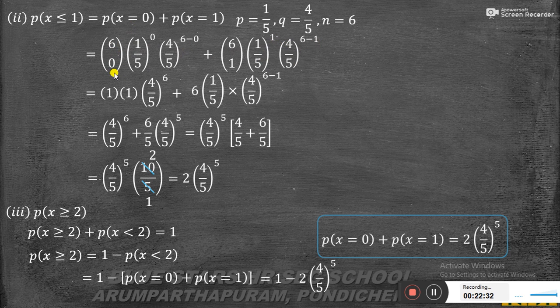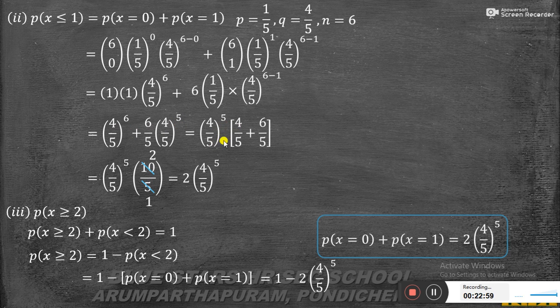6C0 means 1, and anything to the power 0 is 1, so that term is (4/5)^6. Plus 6C1 is 6, times 1/5, times (4/5)^(6-1), which is (4/5)^5. So in the next step, (4/5)^5 is a common factor, and I write it outside.